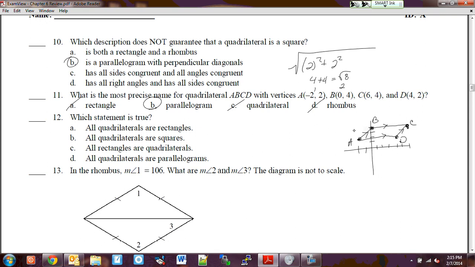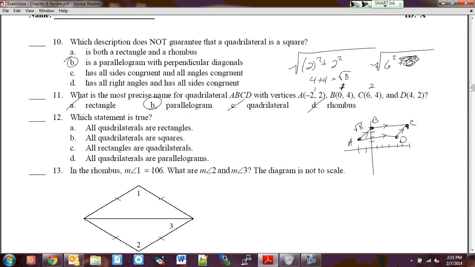So this has a side length of square root of 8. And then we can do BC. All right, let's make this point 2 and this point 1. So x2 minus x1 is just 6 squared, plus 4 minus 4 is 0 squared. So this is just the square root, because this is gone.